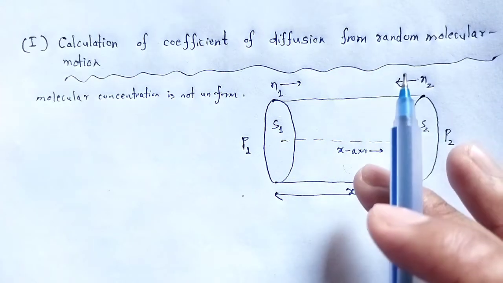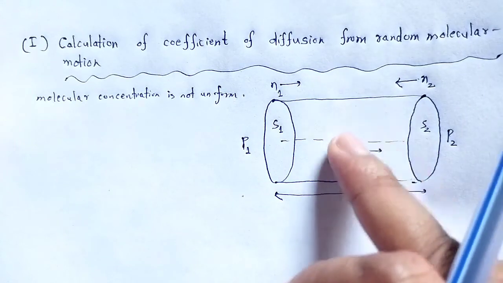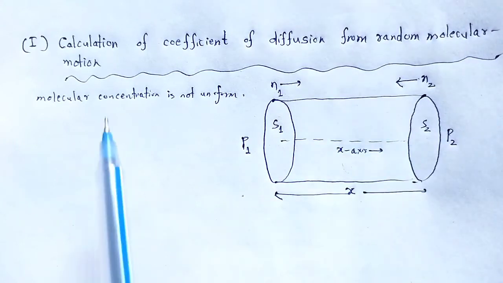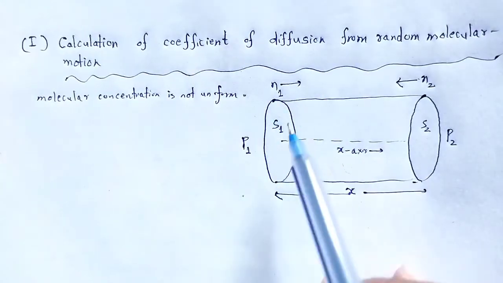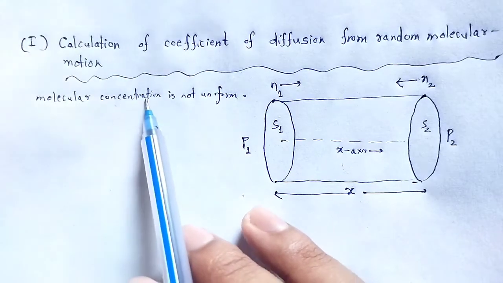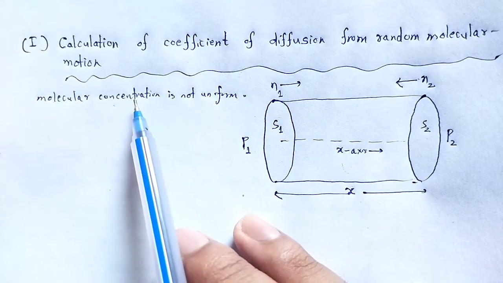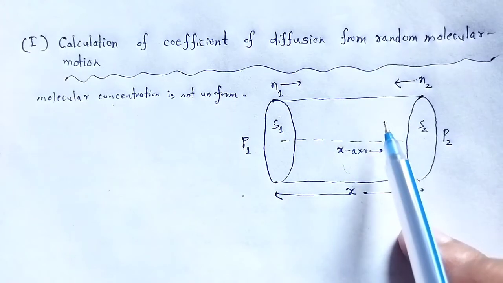Due to this gradient of molecular concentration, since the concentration is not uniform, there will be diffusion of particles along the x direction.